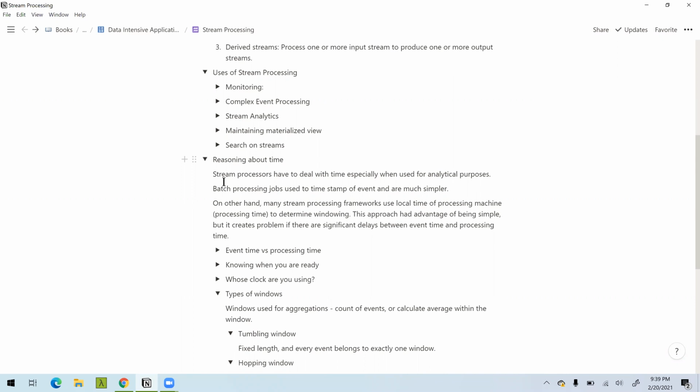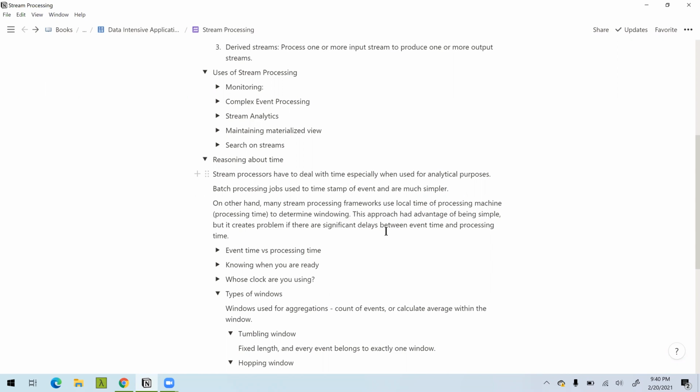Let's say in your analytical query you are saying to look back for events in a 5 minute window. What is that 5 minute window? Is it the 5 minute window of when the events were generated, the event timestamp, or is it the 5 minute window of when your processing engine is running, the timestamp of that processing engine's machine?